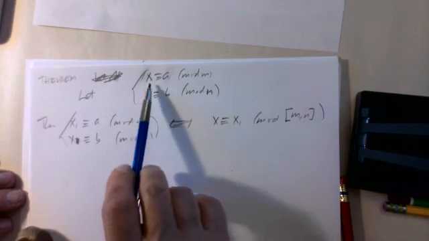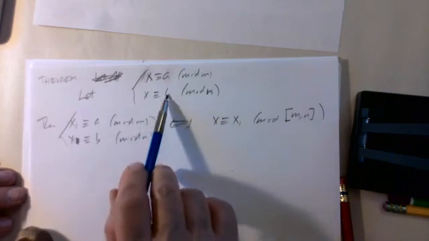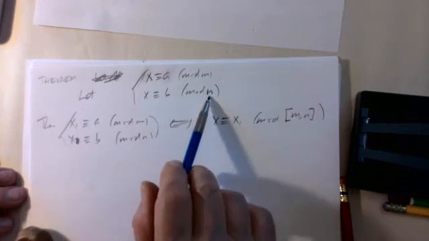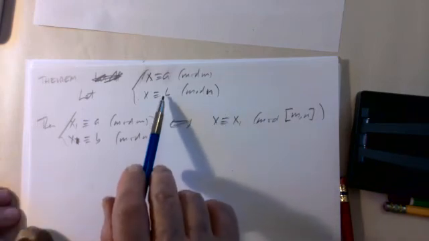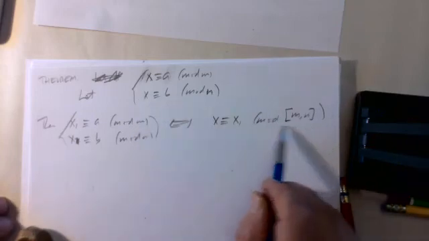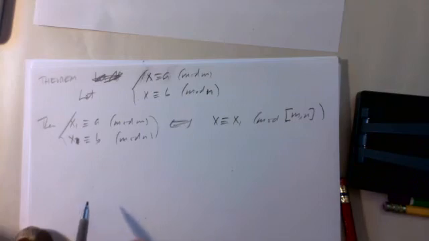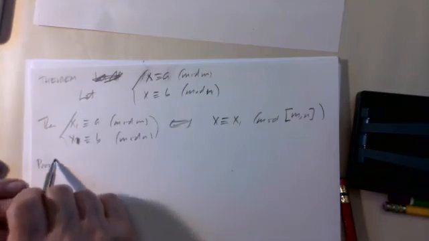So we know this has a solution if and only if a is congruent to b modulo the GCD of m and n. And if that is the case, then all solutions lie in a particular congruence class modulo this least common multiple. So let's look at the proof.